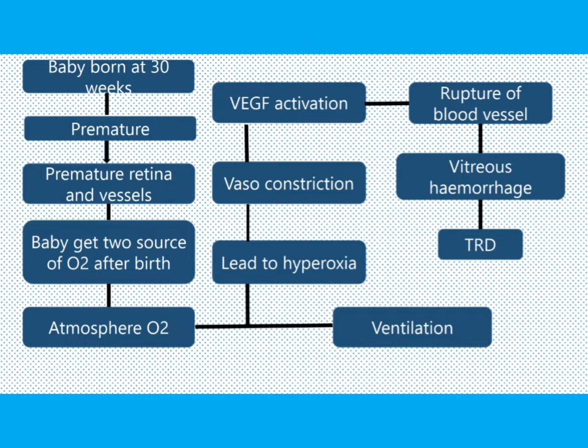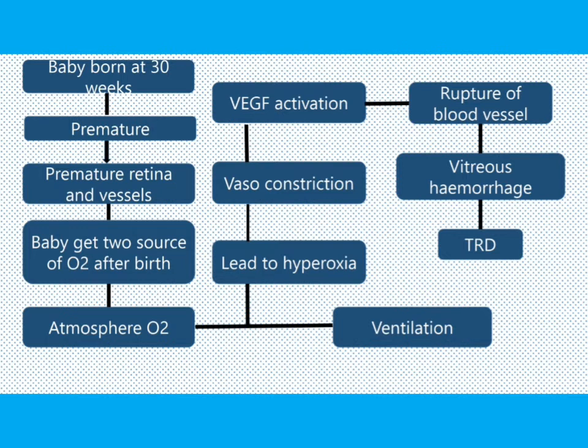A well-developed baby can take 95 to 100% oxygen, but for a premature baby the oxygen level should be between 90 and 95. If the oxygen level is less than 90, the baby will die, and if it is more than 95%, it will lead to complications in the retina. So the oxygen level should be 90 to 95, and the baby is provided with oxygen by ventilation.